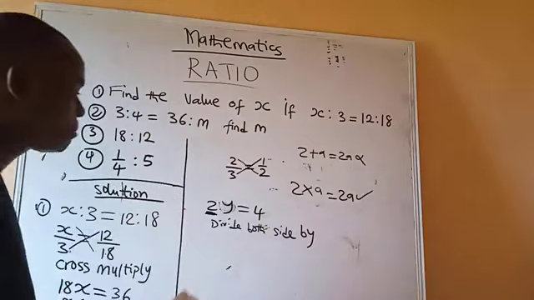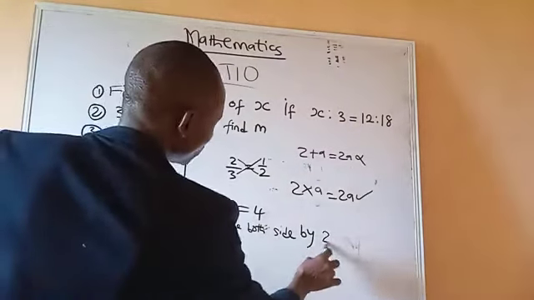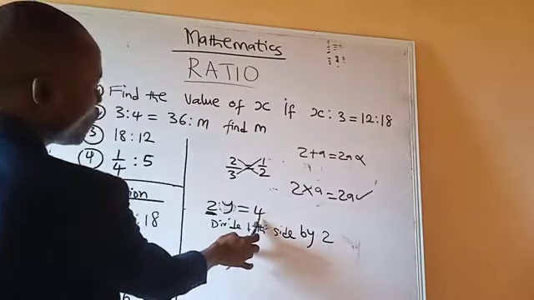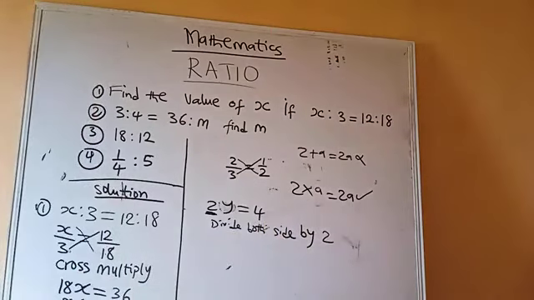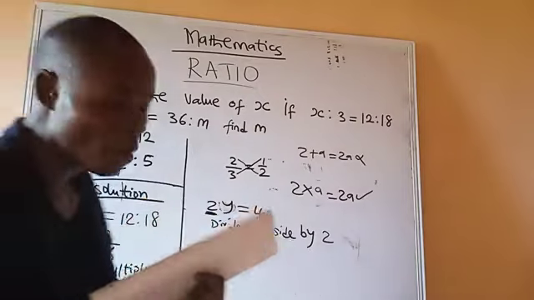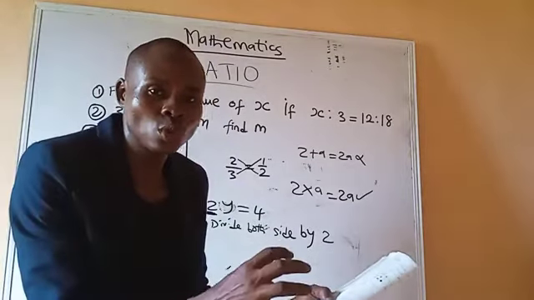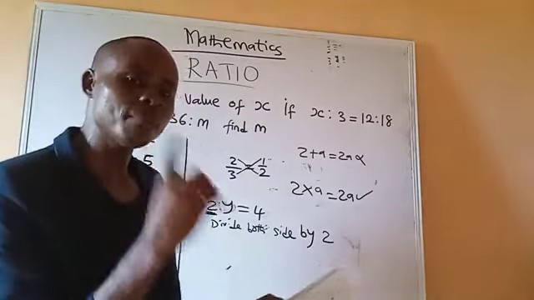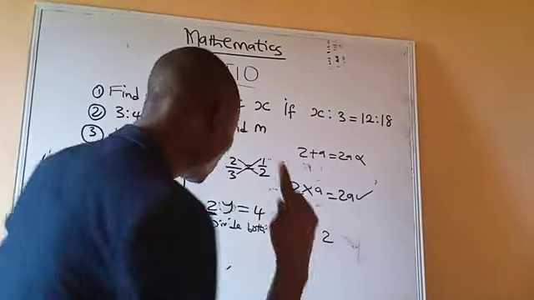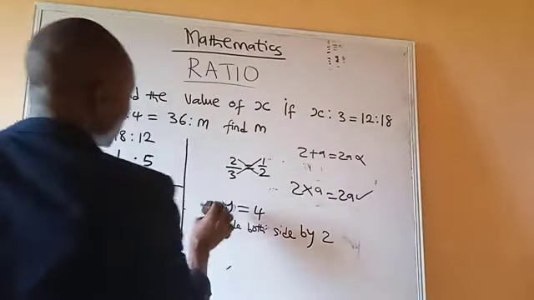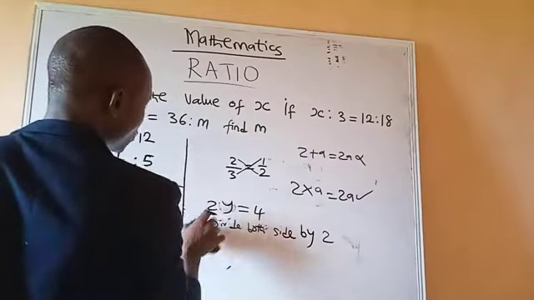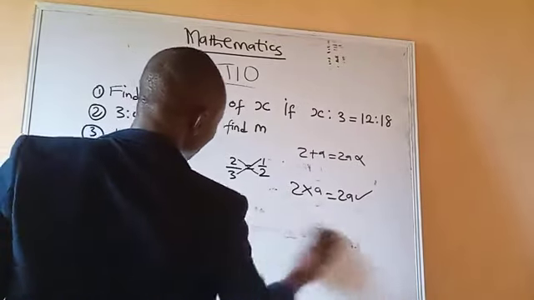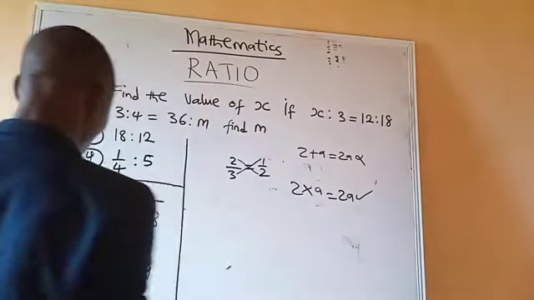I'll still divide both sides by 2. Don't divide both sides by 4, because 4 is alone. That's why I did not divide both sides by 36. 36 is alone. You only divide both sides by the number that is attached to your alphabet, so that the alphabet will stay alone. You will also know the reason why we need to divide both sides. We want to clear this 2 so that y will stand alone. That's exactly what we are going to be doing here.